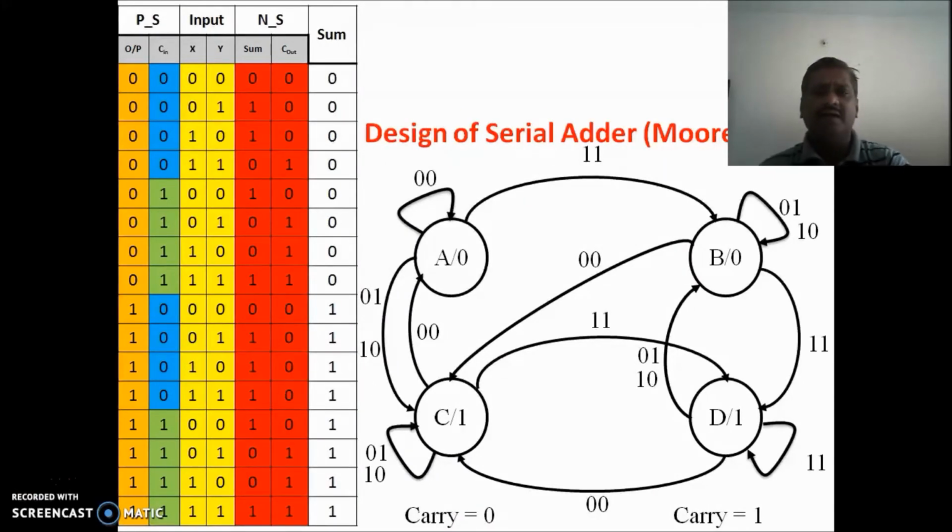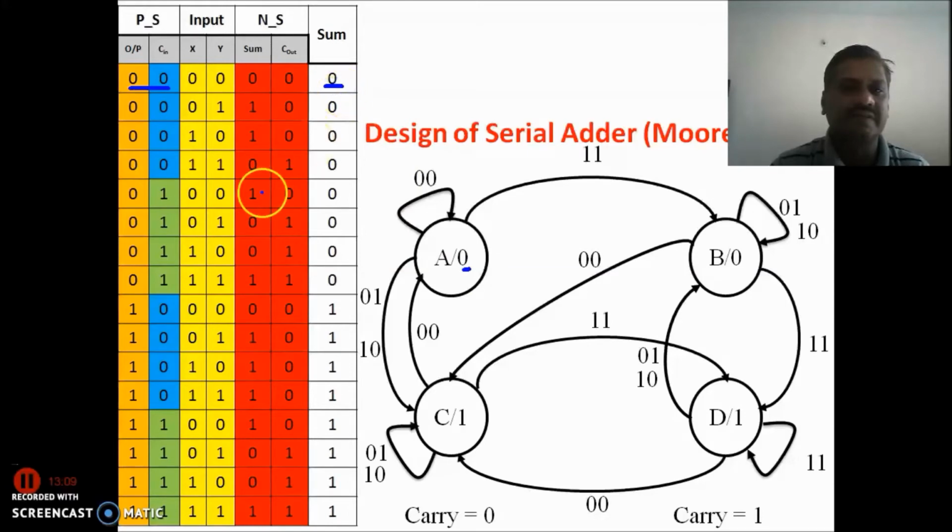Now here, if we have the state diagram with us, we will prepare the output, because in case of the Moore model, the output purely depends on the present state of the machine. Now look at, whenever the present state is 0, means A, what is the output? 0. That's why its output will be 0.